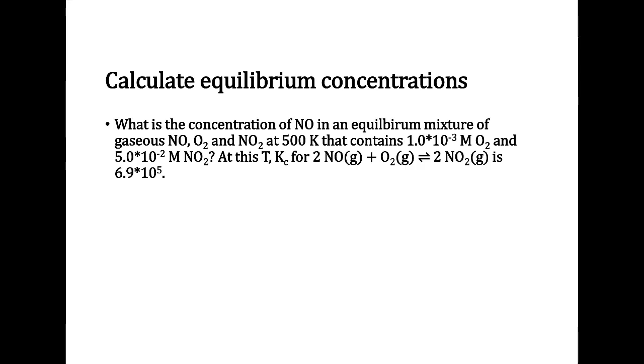All right, we have one more thing to cover before we get into ice charts. In this example, we're looking for the concentration of NO in an equilibrium mixture of gaseous NO, O2, and NO2 at 500 K. We know the concentrations of O2 and NO2, and we know what Kc is.